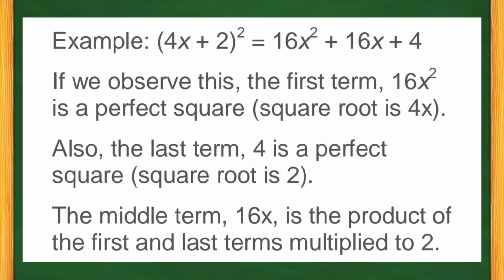Makukuha mo lang daw yan kung ita-times natin yung square roots nung first term na 4x at nung last term na 2. So 4x times 2 is 8x and then multiply it again to 2 to get 16x. Okay, so huwag kakalimutan na para sa middle term, square root ng first term times square root ng last term times 2.